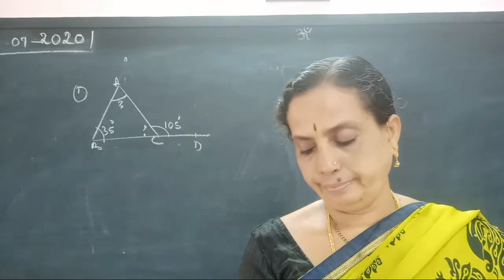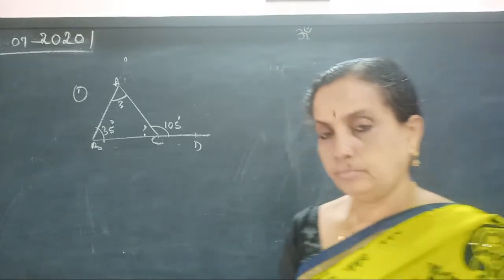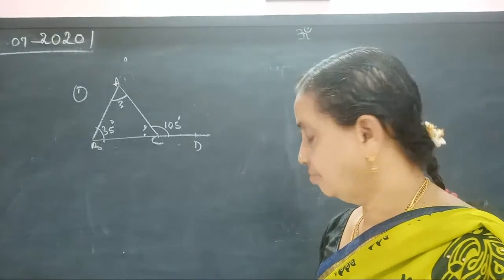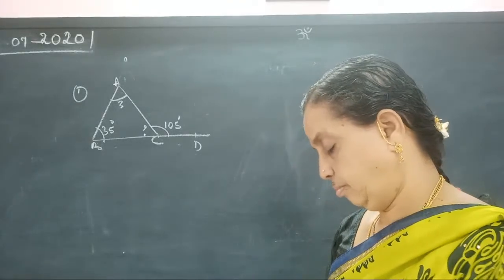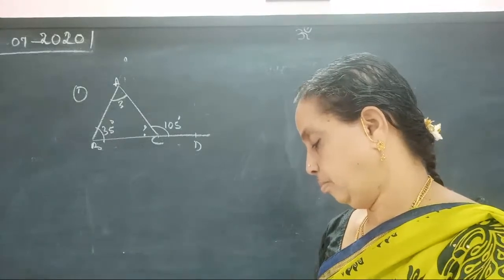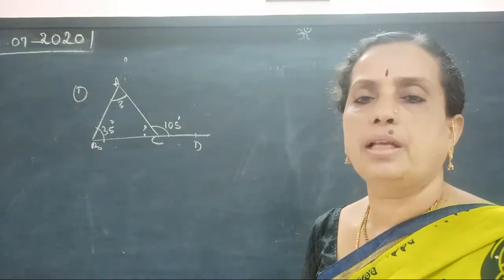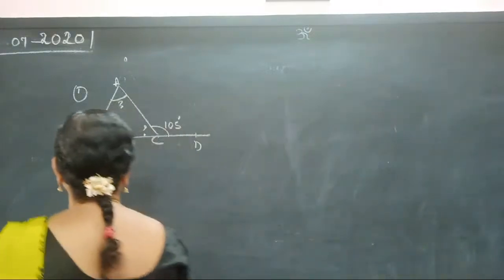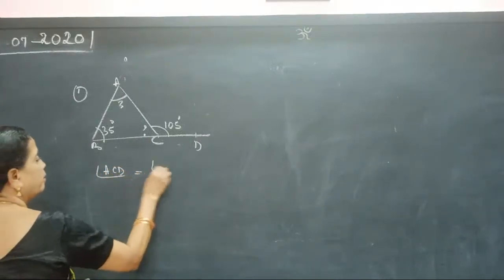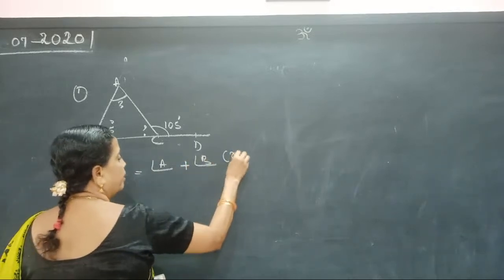Got the answer? What is the answer? We have exterior angle property. Angle ACD equals angle A plus angle B. Write the reason.